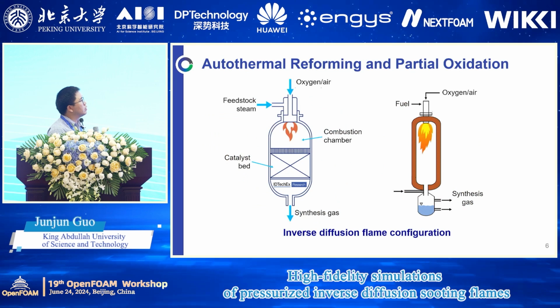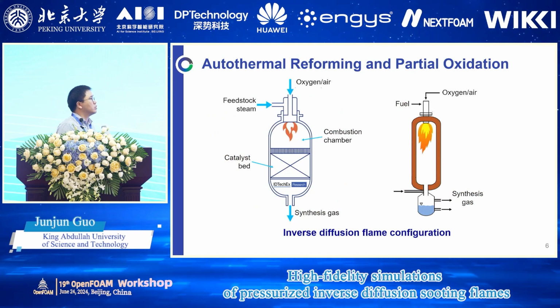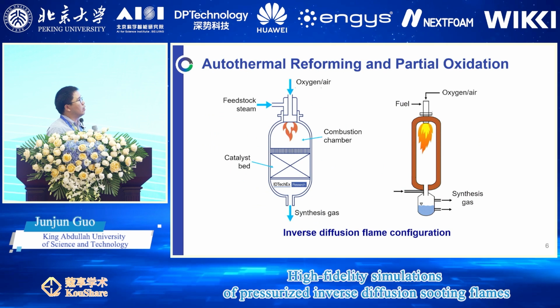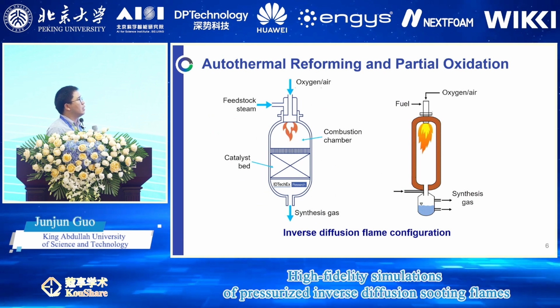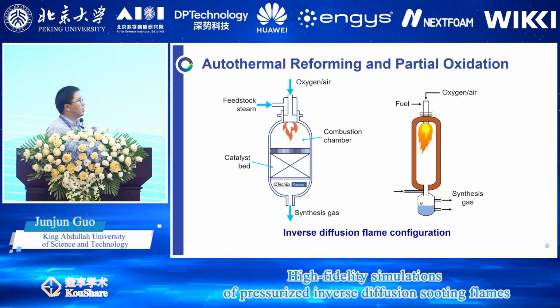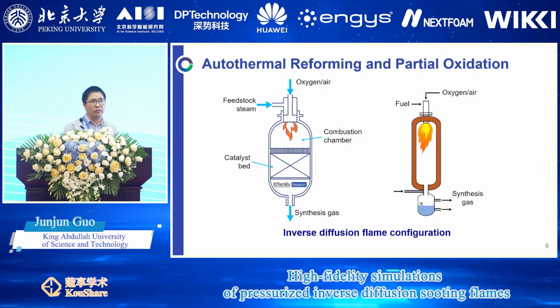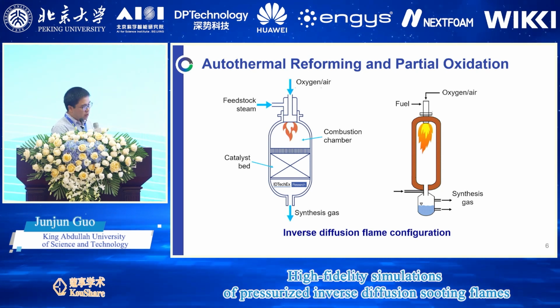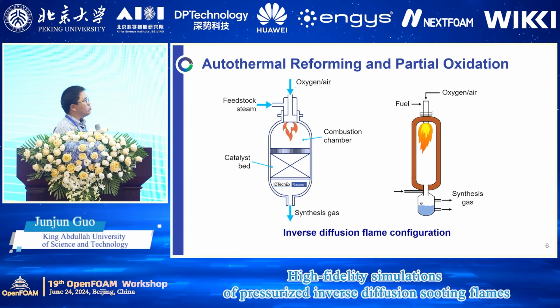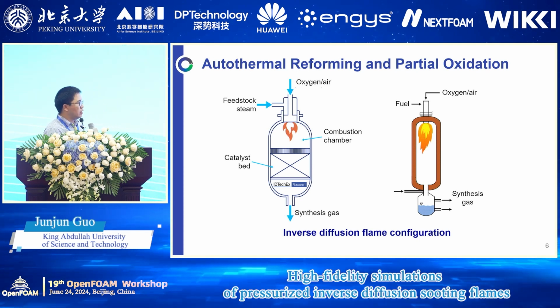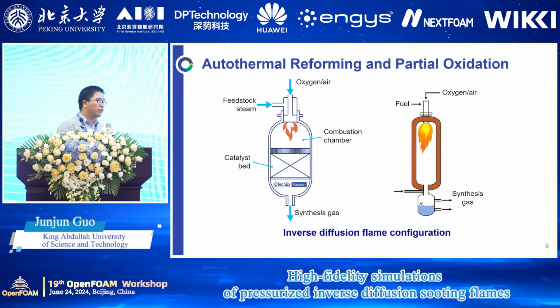If we look at both technologies in more detail, you will find a similar configuration. For example, the oxygen comes from the center and is surrounded by the fuel, and then forms a flame to achieve partial oxidation of the fuel. The same configuration is also used in partial oxidation. This means both technologies use the inverse diffusion flame configuration.